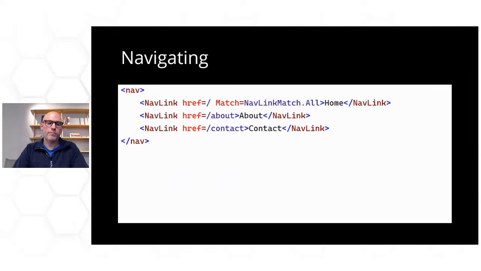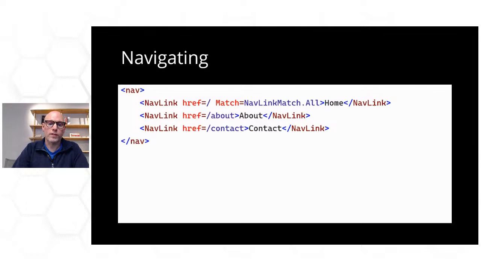And when navigating between pages, we can use like a regular A tag if you want to, but there are components that add some helpful things here, and that is called NavLink. It's basically a regular anchor tag, but with some extra stuff, like the Match attribute that I have here.